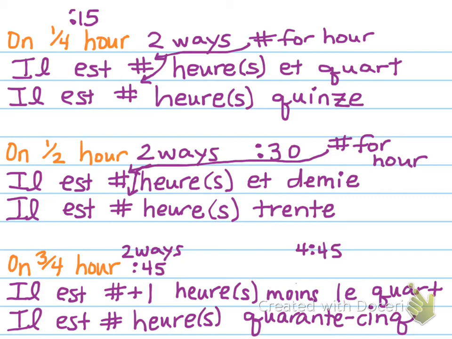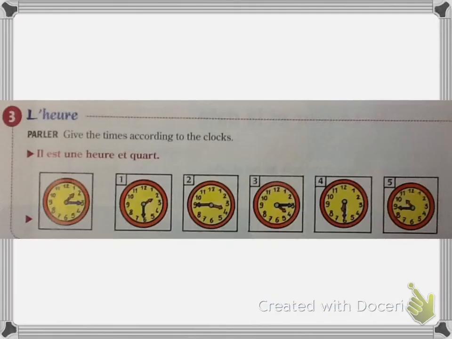Either way is fine. It's the same time. It's two ways of saying it. So let's take a look at exercise 3, l'heure. Give the times according to the clocks. So notice, again, we have 1:15 here. We have 2:30. We have 3:45. We have 4:15. We have 6:30. And we have 10:45.